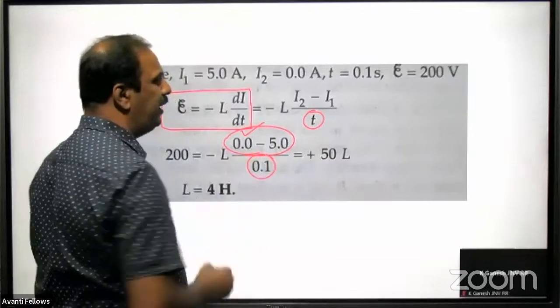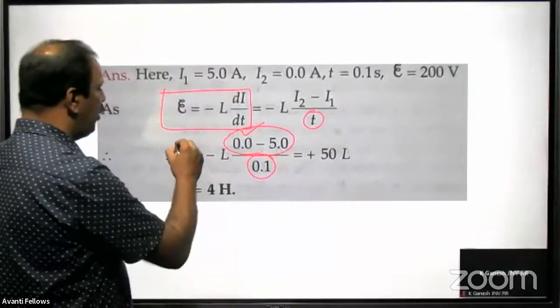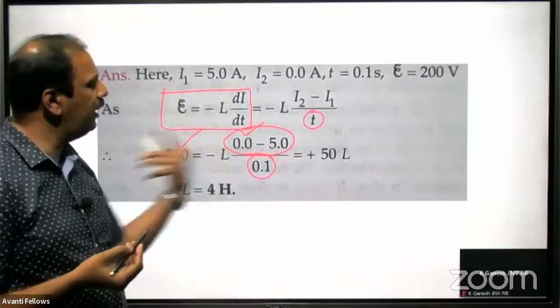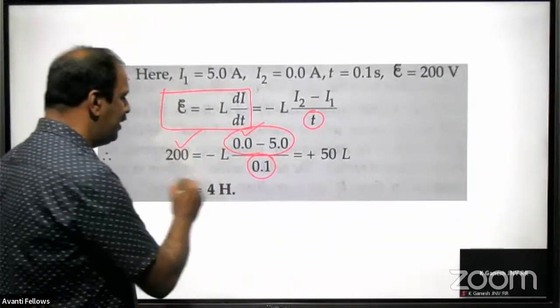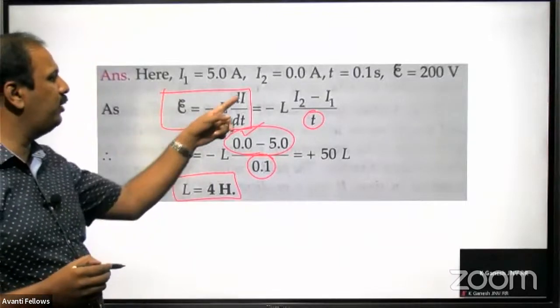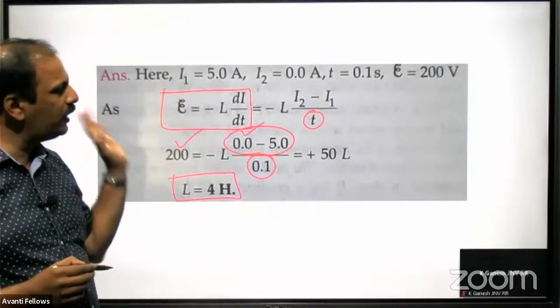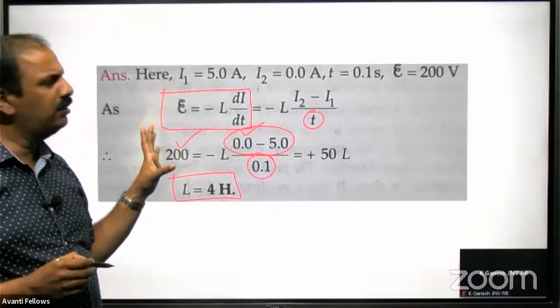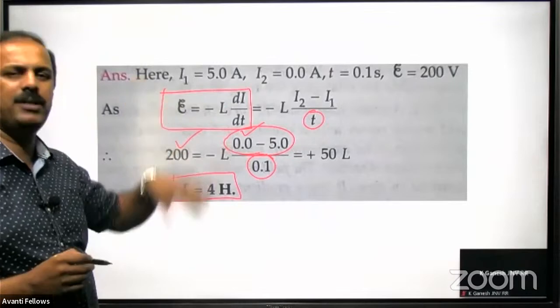The voltage is 200, that is also given. Then you just rearrange it, so you will get L as 4 Henry. It's a direct question. All the 3-4 questions we did are almost the same, with only minor differences.